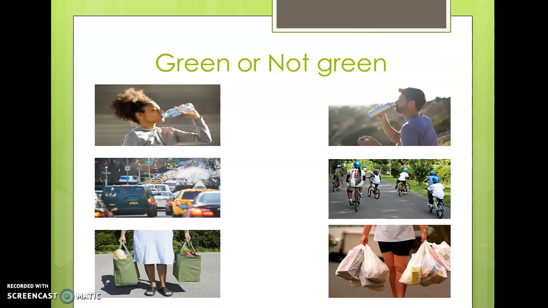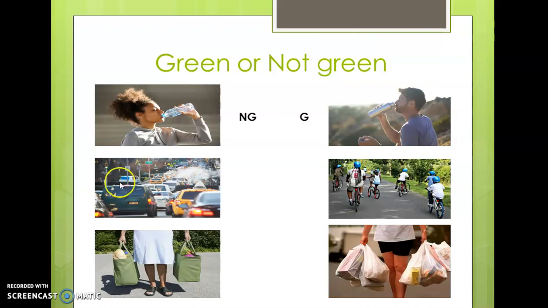If you were thinking about this one as not green, you were totally right, because she's using plastic and she's generating more trash, so this is considered a not green action. But in this case, this man is reusing the bottle, and it's very useful for our environment because we don't consume plastic. You know, plastic is just like the main enemy of our nature.